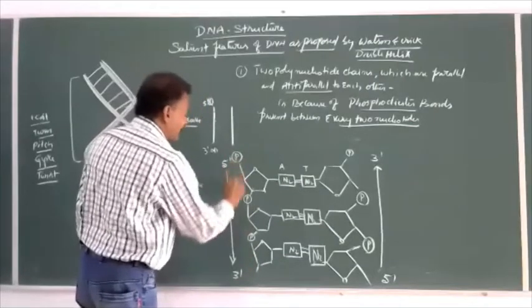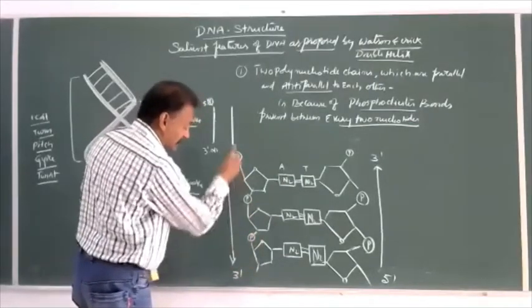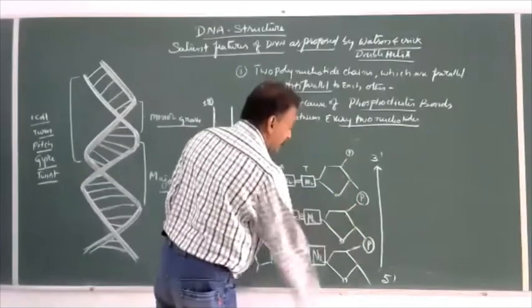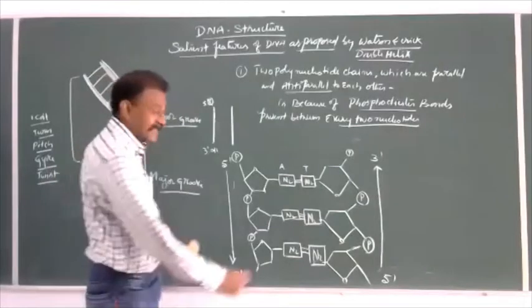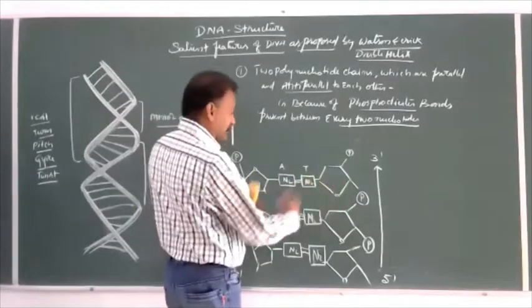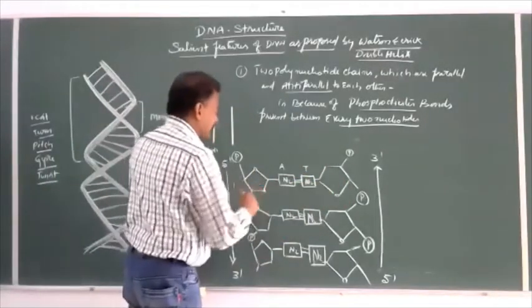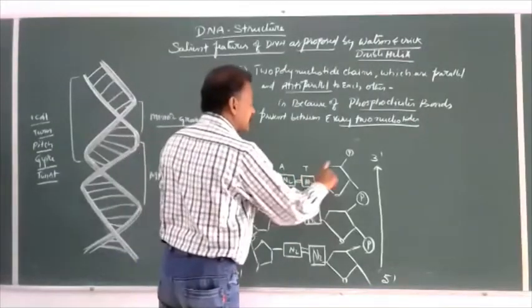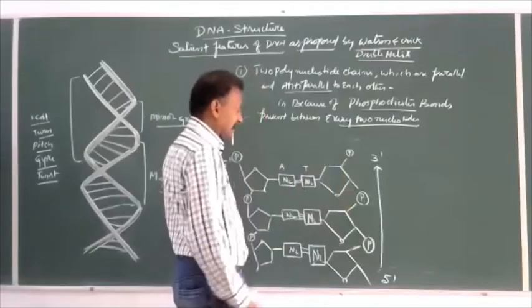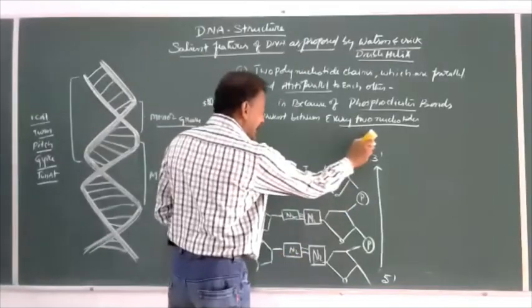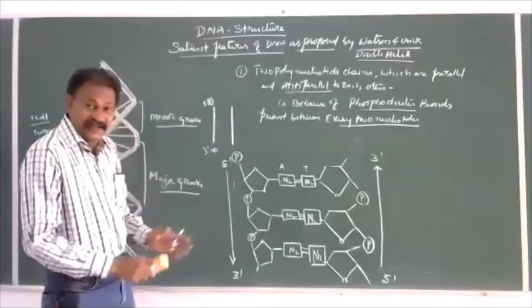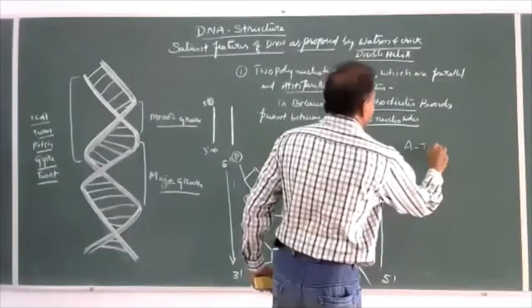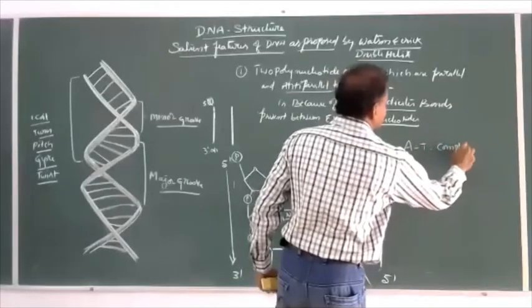Here, the phosphate and sugar alternating molecules are the backbone, and inside, the N2 bases project. An adenine nucleotide bonds with thymine in another nucleotide, and these A and T are called complementary bases.